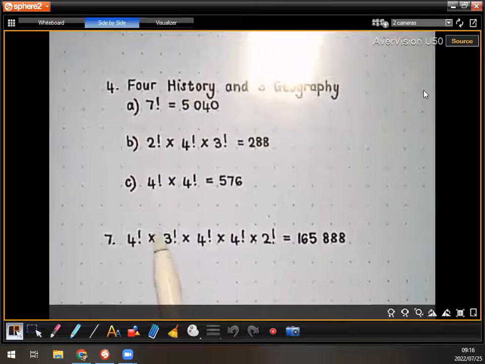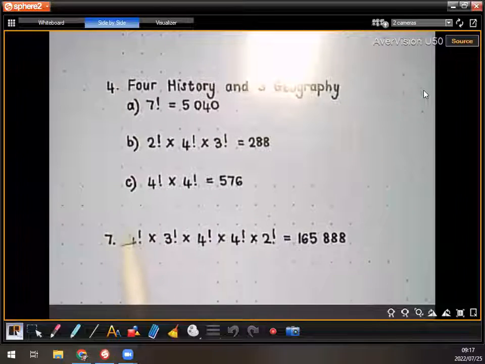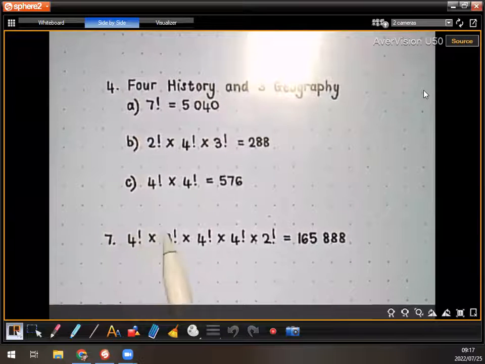And then I just took, can't remember what it was, I think it was 2 British people at the end. So that's the 2 factorial, and then can't remember really, was it South African? Anyway, it was 3 people at 1, and then 4, and then 4, and then 2. Okay, so this is the groups, 4 factorial, the 4 groups of people, and then within each group, how many people there were.